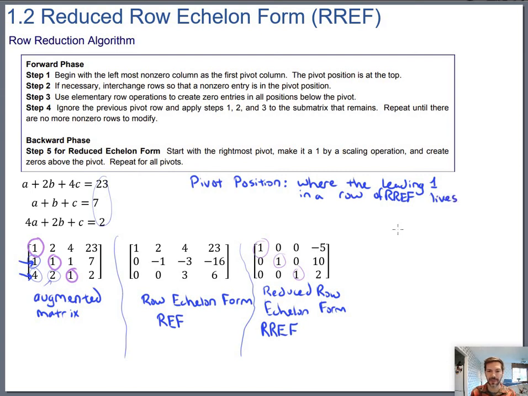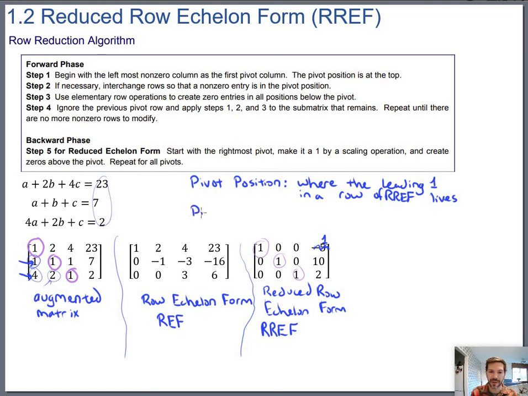It didn't happen in this particular matrix, but there could be another one, of course. So it's just the leading one, the first one as you go left to right. So if this negative 5 had been a 1 instead, that's not a pivot position. It's just the first one as you go across each row left to right.